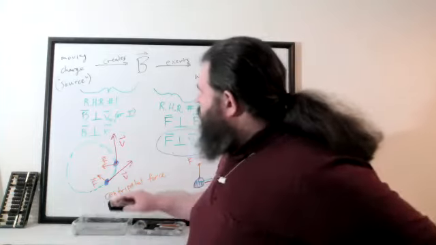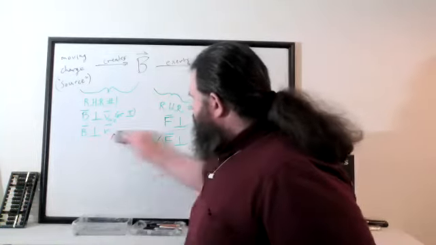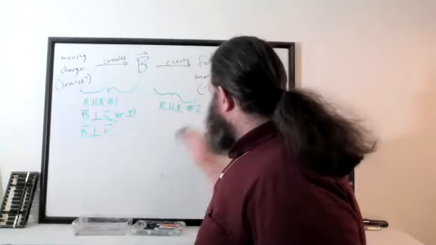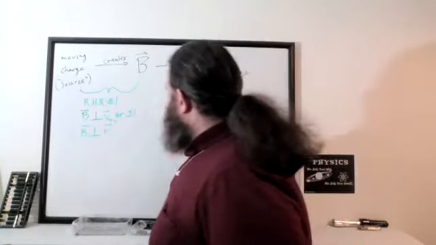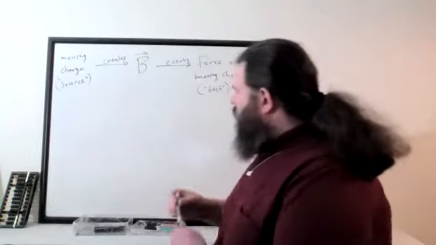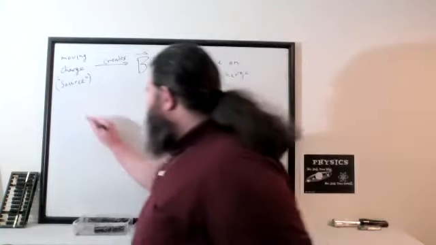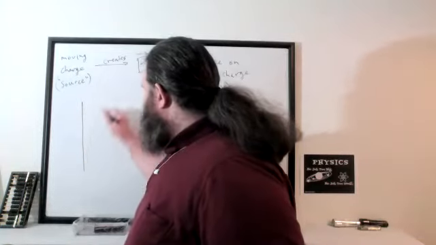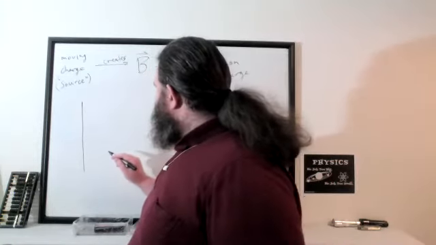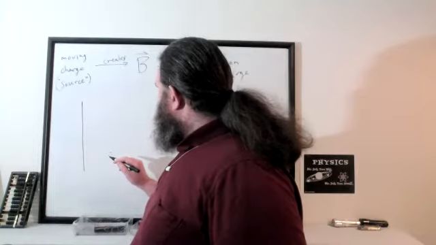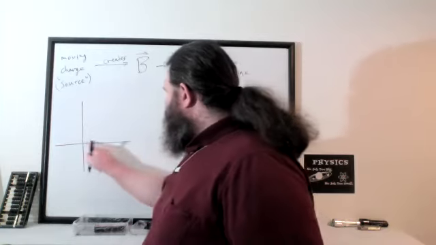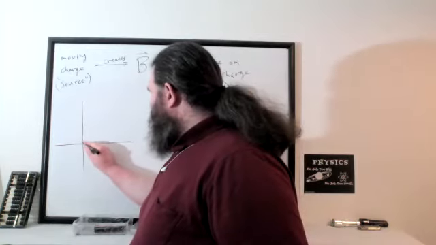Let's say we have two wires. Two wires that are both, let's say, both vertical. Actually, let's say one of the wires is horizontal. And these wires don't actually meet here.